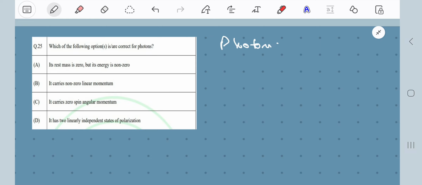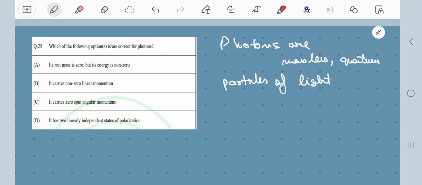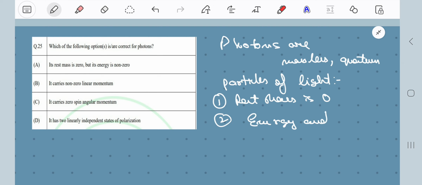So in summary, photons are massless quantum particles. Quantum particles of what? Quantum particles of light. Right. Number one, its rest mass is 0. Number two, it has energy and momentum, which we will be verifying soon.